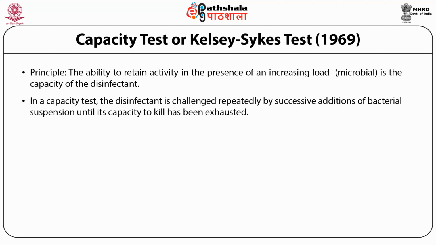In a capacity test, the disinfectant is challenged repeatedly by successive addition of bacterial suspension until its capacity to kill has been exhausted. The microbes used in the capacity test are Staphylococcus aureus, E. coli, Pseudomonas aeruginosa, and Proteus vulgaris.